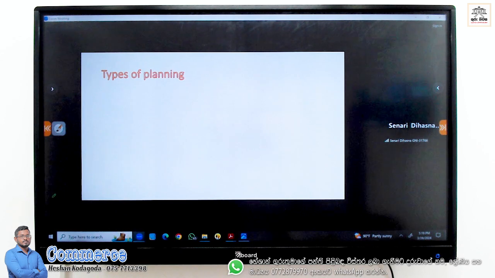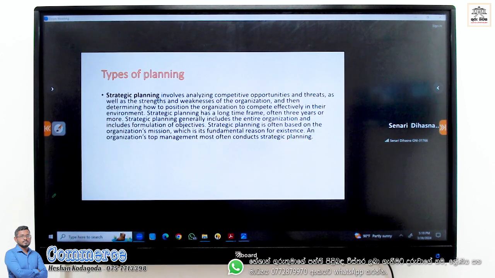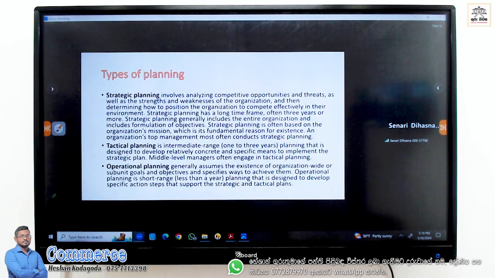Types of planning. There are 3 types of planning: strategic planning, tactical planning, and operational planning. Strategic planning involves analyzing competitive opportunities and threats as well as strengths and weaknesses of the organization, and then determining how to position the organization to compete effectively in their environment.